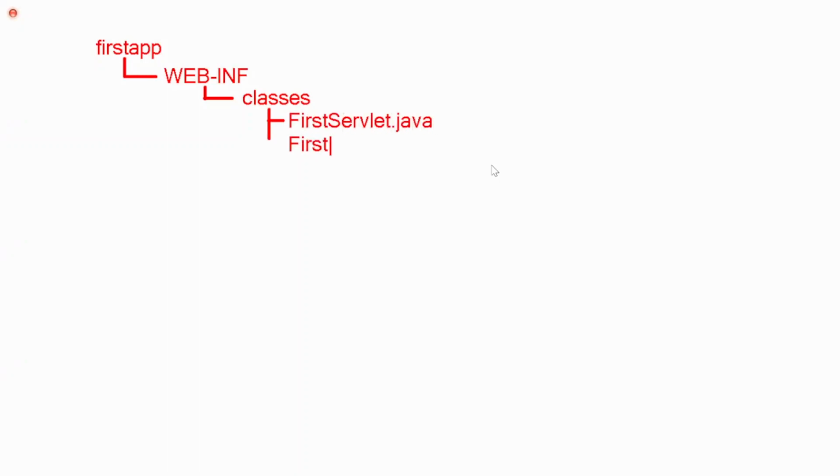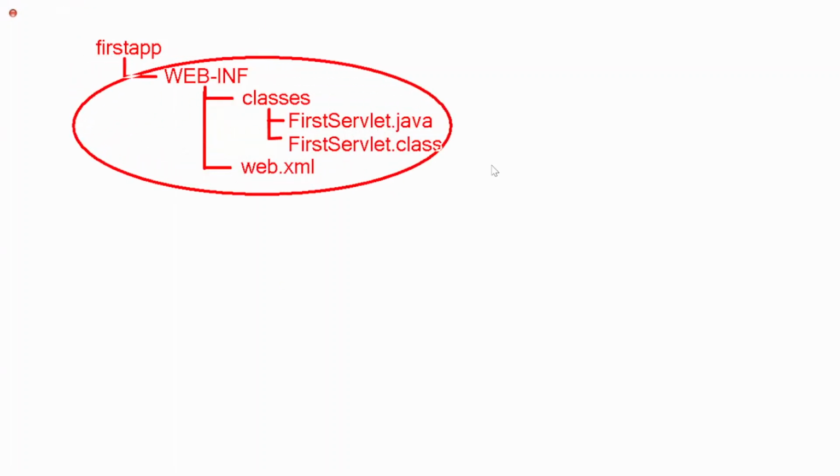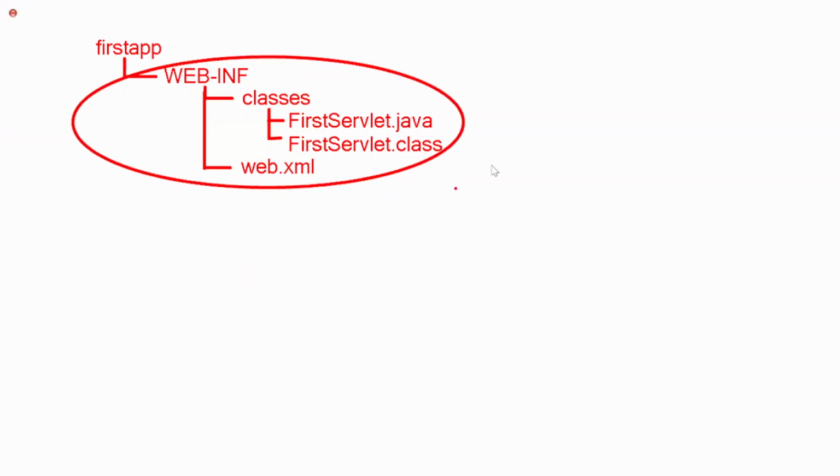Whenever you compile, FirstServlet.class. After this, the XML file name, web.xml, should be the same. After this, here first.war file. This file name, whatever you want, you can write.